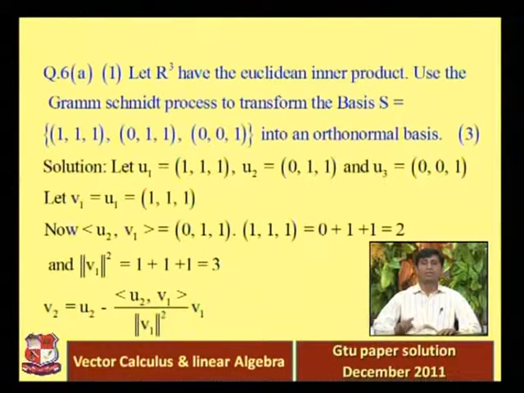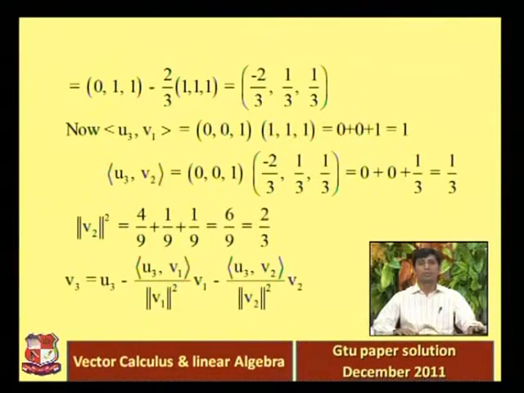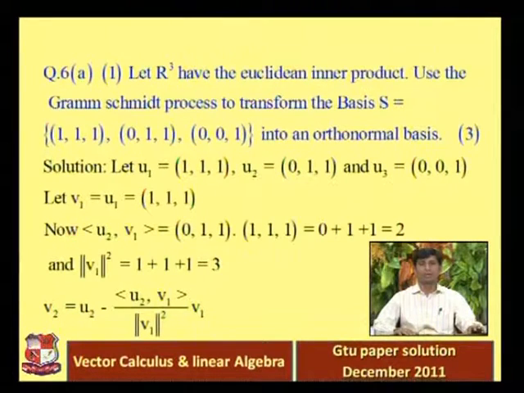Now we use this formula: V2 is equal to U2 minus inner product U2 V1 upon norm V1 square, into V1. Put all the values in this formula.